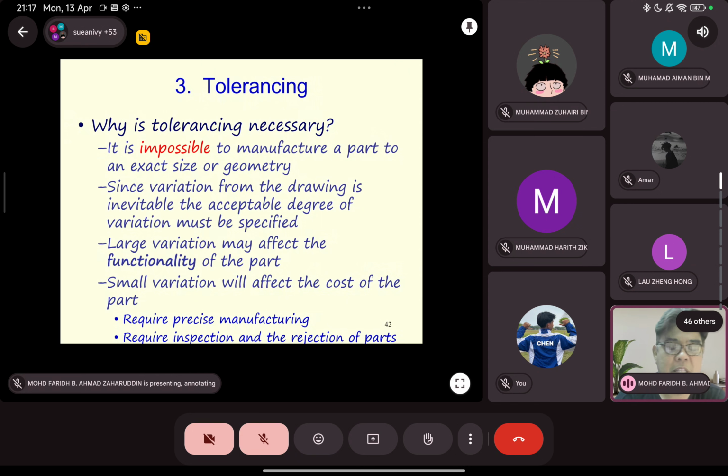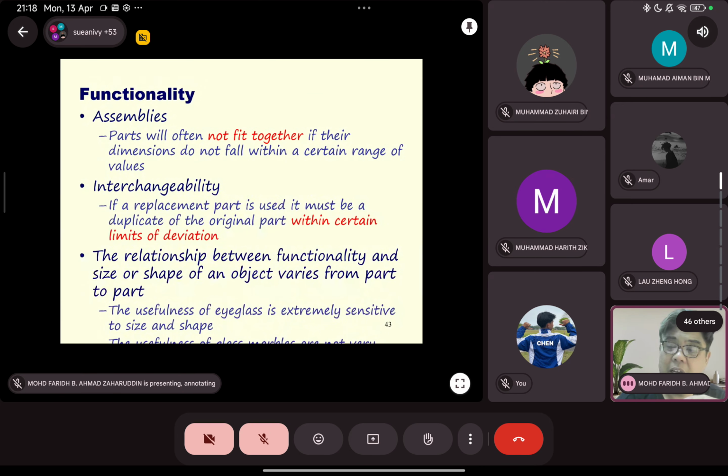I did mention the engine types A, B, and C. The smaller the variation, the more precise the manufacturing process you need, and then inspection, and there will be a lot of rejection due to very small variation. For functionality in assembly, parts will often not fit together if their dimensions do not fall within a certain range of values.